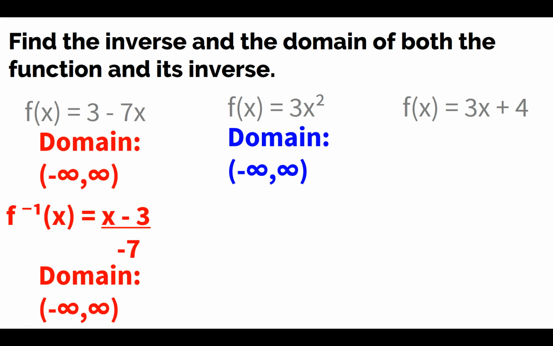What do we do? Divide by 3. So we have x over 3 equals y squared. Then we do the square root. There's our square root, right? So our function is the square root of x over 3.